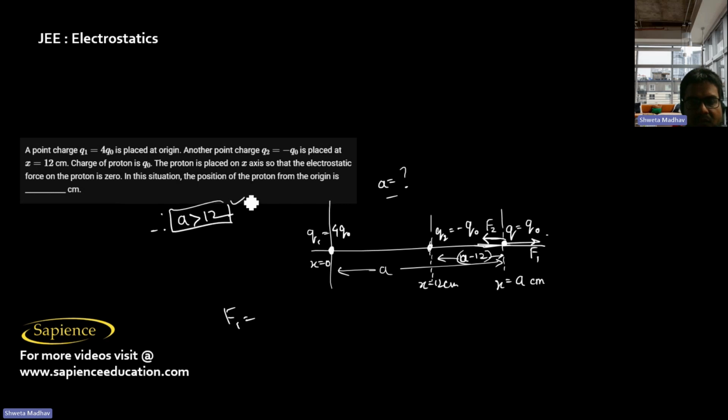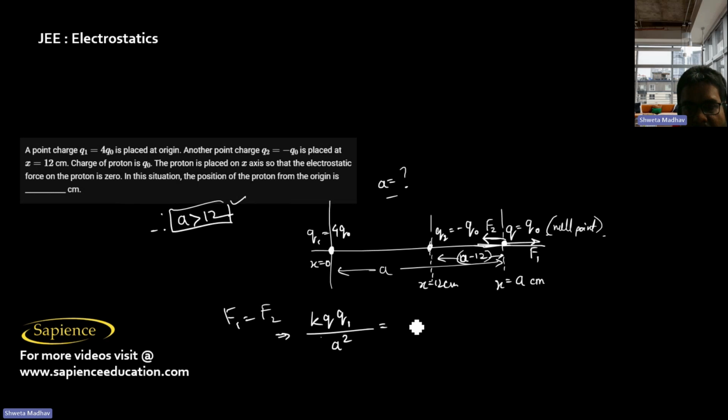The value of A should be more than 12. So now F1 should be equal to F2, means the magnitude of these two forces should be equal and their direction is opposite and they should cancel. Then only the net force on this Q will be 0. Here we will have the null point. So F1 will be KQ naught KQ1 by A square.